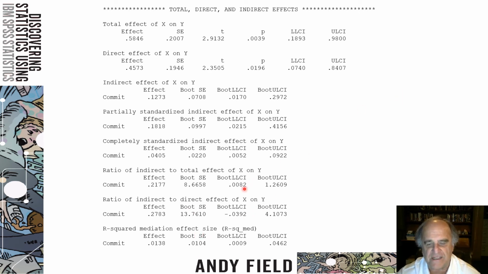You could see this as trying to get at significance. Again, if it doesn't include 0, it would suggest that it is significant. I'll give you a second to look at that before we move on.